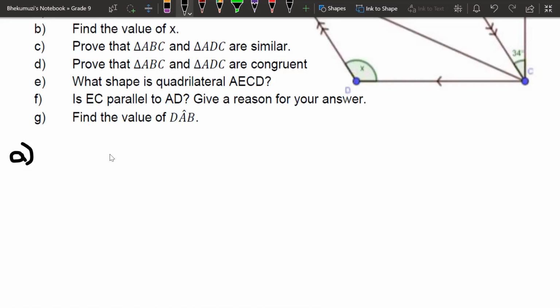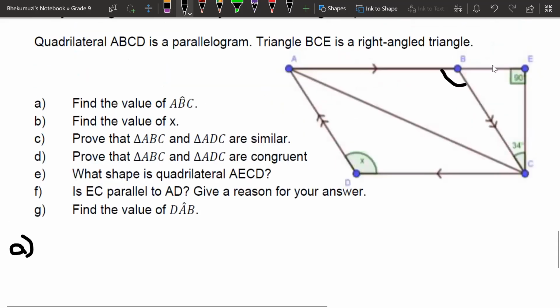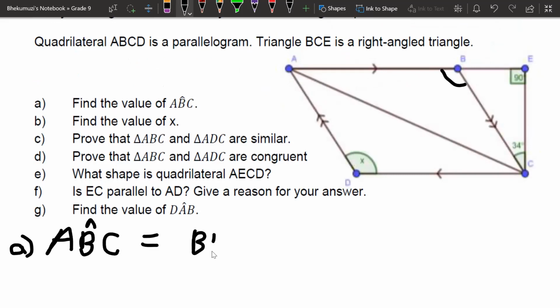So A, how can we solve this? Now with A, if you noticed, the angle ABC is actually equal to the angle BEC plus the angle ECB.